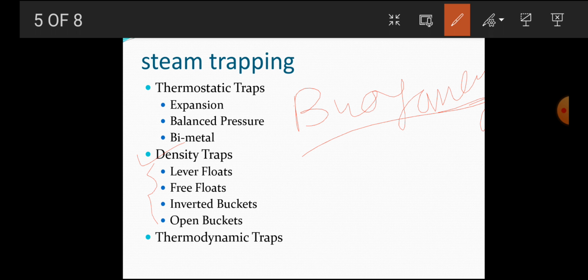So first, lever floats. It contains a spherical or oblong float attached to a lever mechanism. The mechanism uses the buoyancy of the float magnified by lever arm length and fulcrum point.